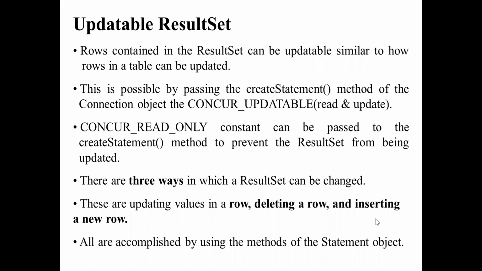These are the three ways we can change the result set of the table. All of these are accomplished by using the methods of the statement object, which can be used to execute the query immediately. So this is the updatable result set.